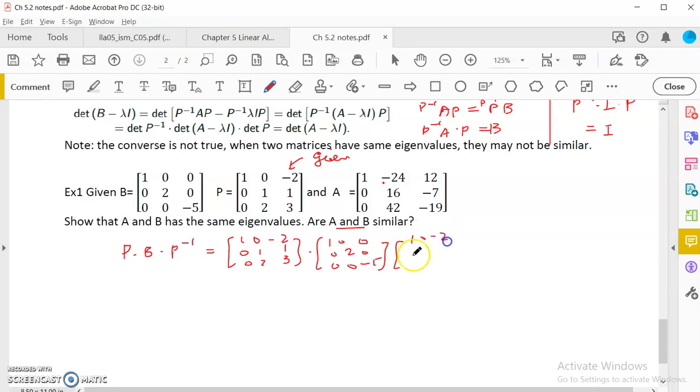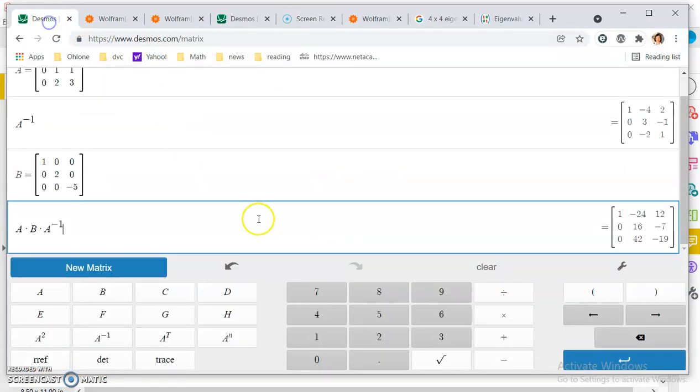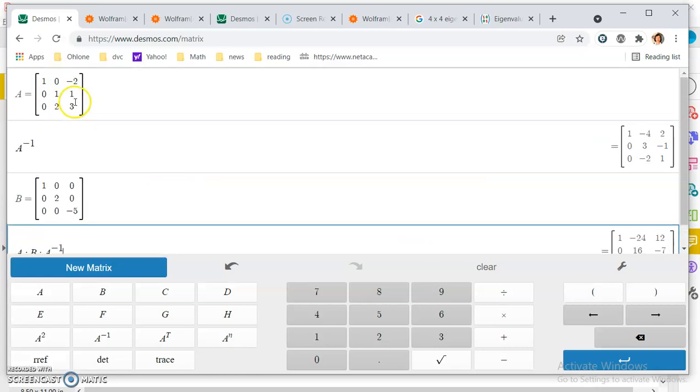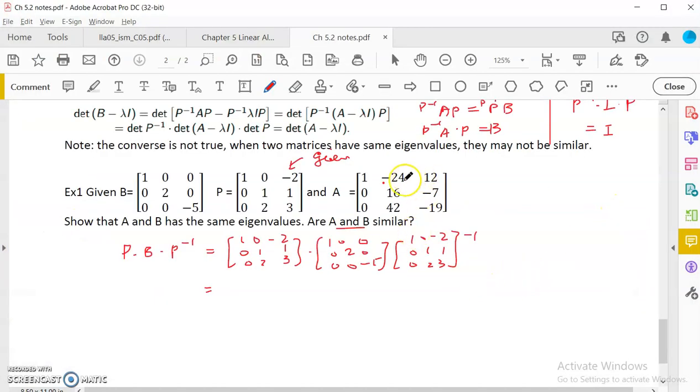You can use a matrix calculator to multiply them. It becomes 1, negative 24, 12, 0, 16, negative 7, 0, 42, negative 19. So that is exactly equal to A. So A and B are similar.